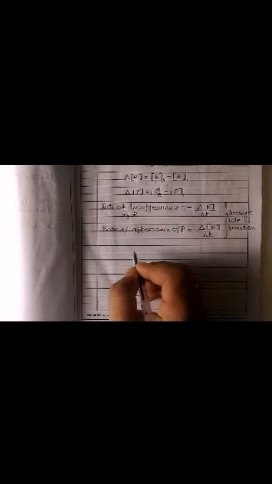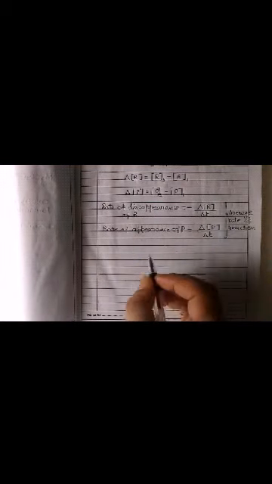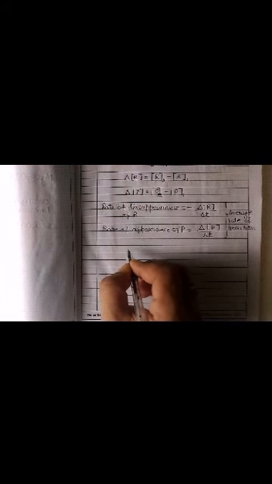Now what will be the unit of rate of reaction? Let's understand the unit of rate of reaction. First, let's take the example of a reactant. We have the rate equation, the average rate of a reaction.